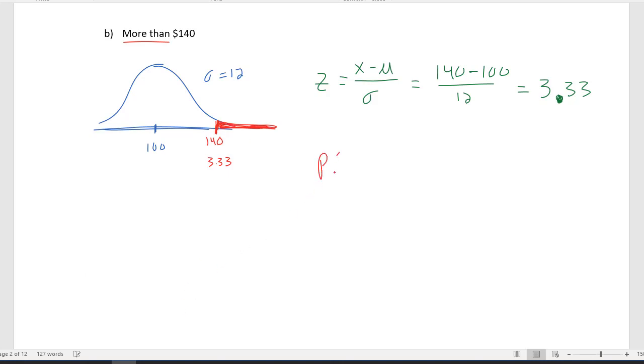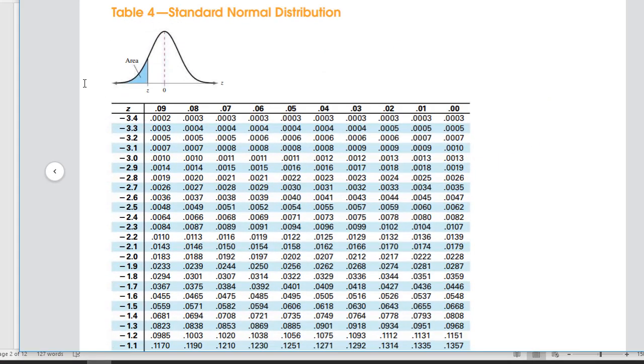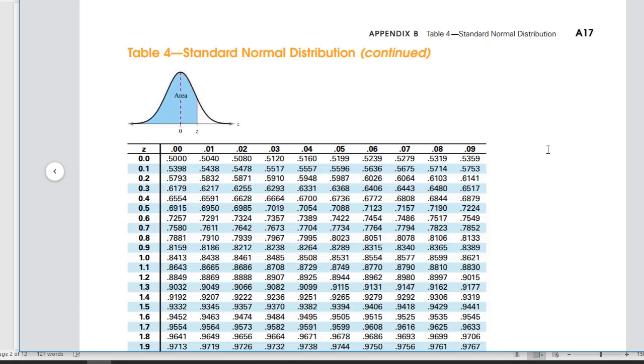So my probability that x is greater than $140 is equal to the probability that z is greater than 3.33. Now if I pull up my table, let's remember that my table gives me areas to the left. So when I look up 3.33 in my table, that's the area to the left, so I'm going to have to do 1 minus that to get the area to the right.